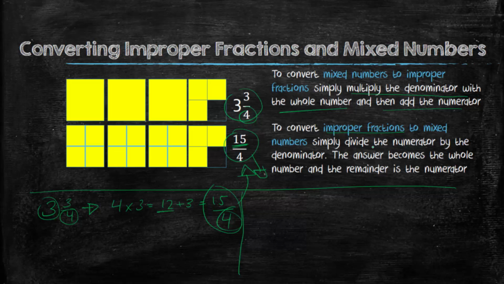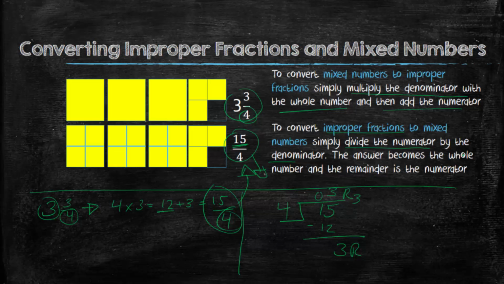Divide the numerator, 15, by the denominator, which is 4. Okay, let's go ahead and divide. How many times does 4 go into 1? 0. How many times does 4 go into 15? 3. 3 times 4 is 12. We do a little subtracting. The remainder is 3. So the answer is 3 with a remainder of 3.